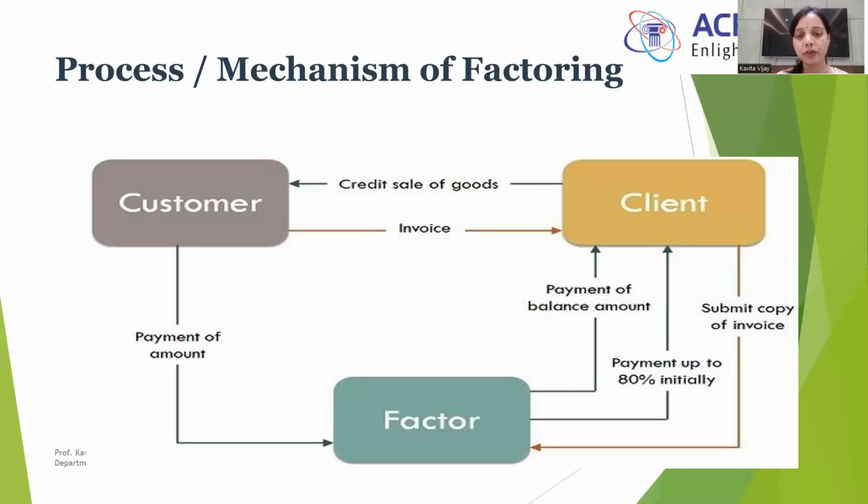That depends on what we have discussed, the customer quality, the creditworthiness of the customer. And the balance, when the customer pays the factor company, will be paid to the client by the factor company after deducting their fees. So this is a simple process of factoring.